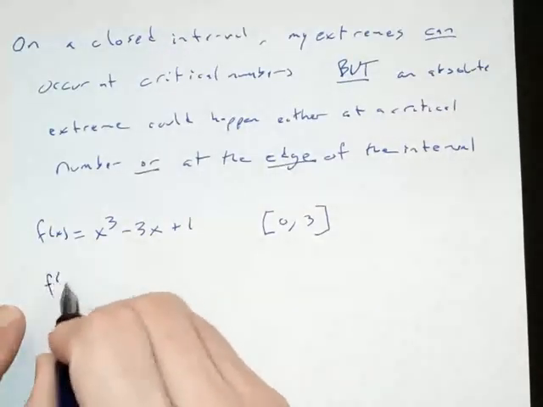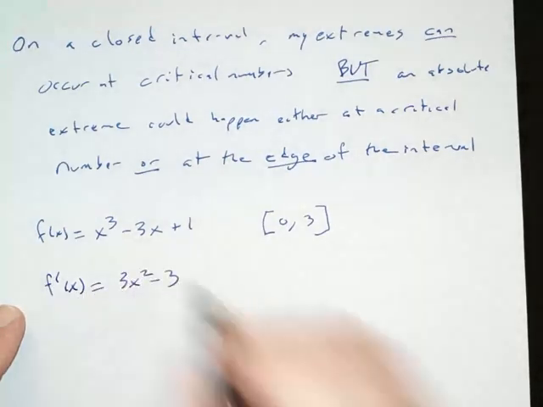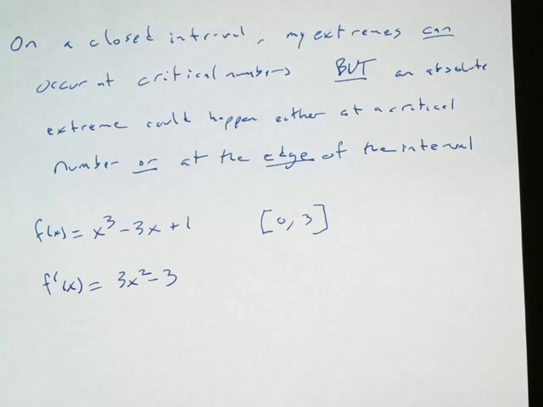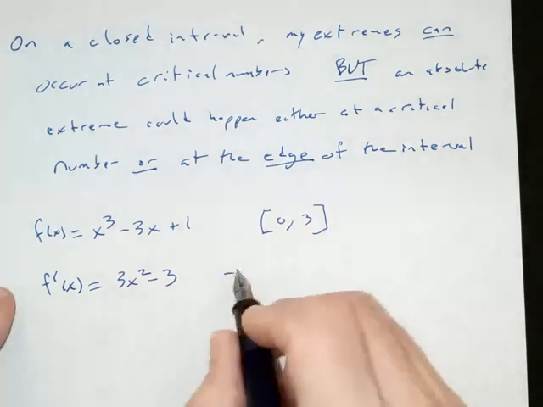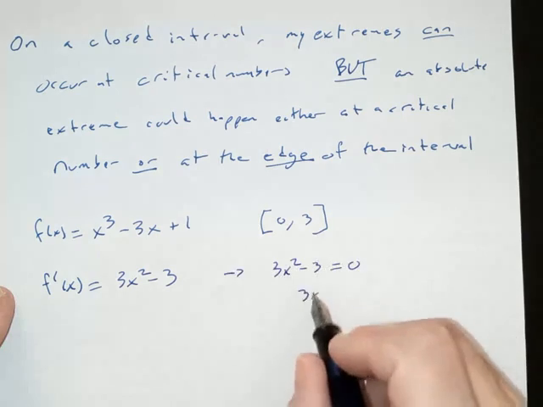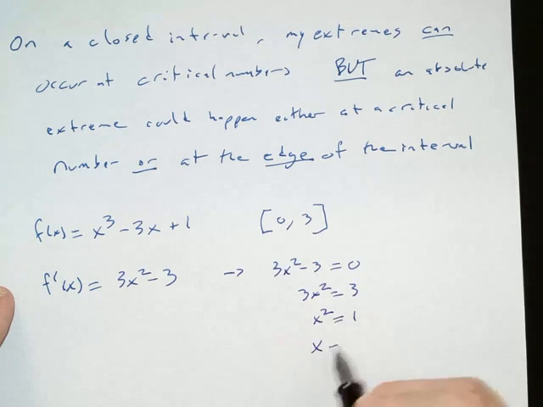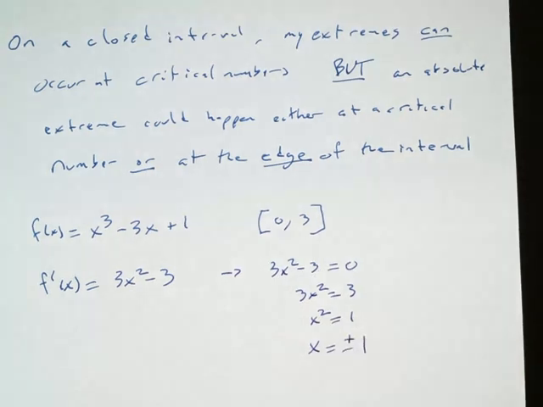So I take my derivative, which is a polynomial, so it exists everywhere. I don't have to worry about where f prime does not exist. I only have to worry about where f prime is equal to 0. I get two critical numbers, plus and minus 1.